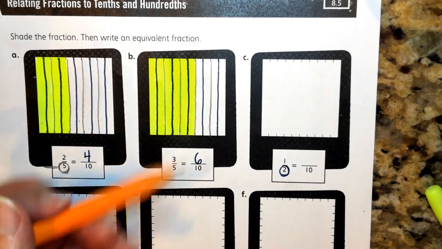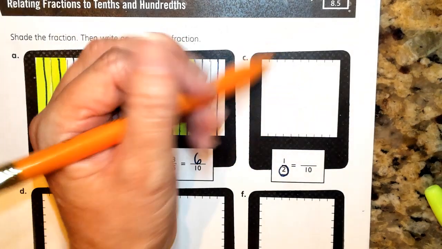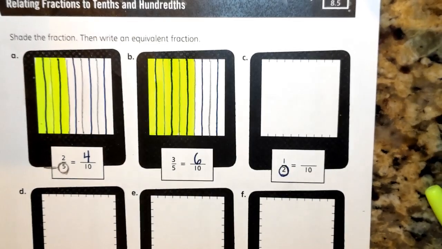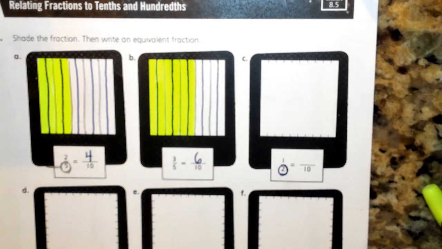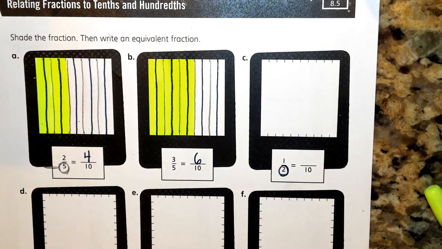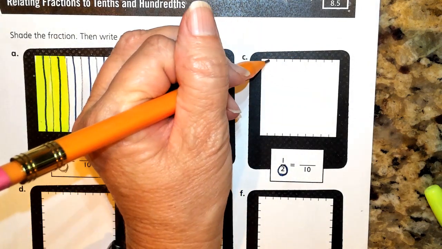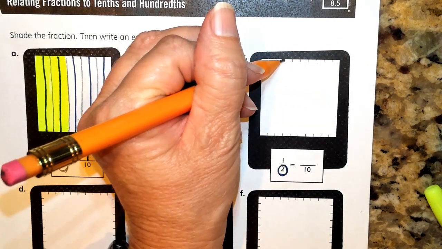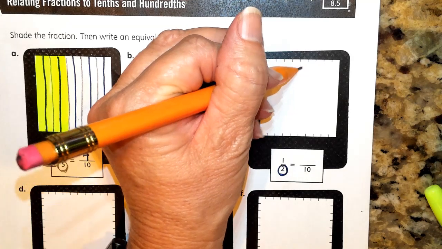Thinking about cutting this in half, I'm going to go to the 5th tick mark. 1, 2, 3, 4, 5.